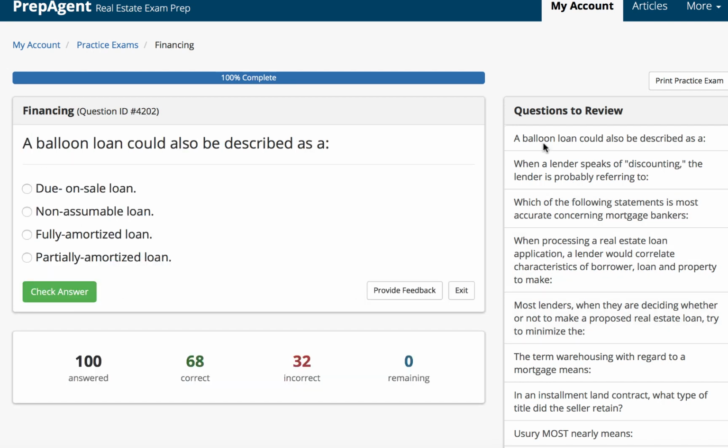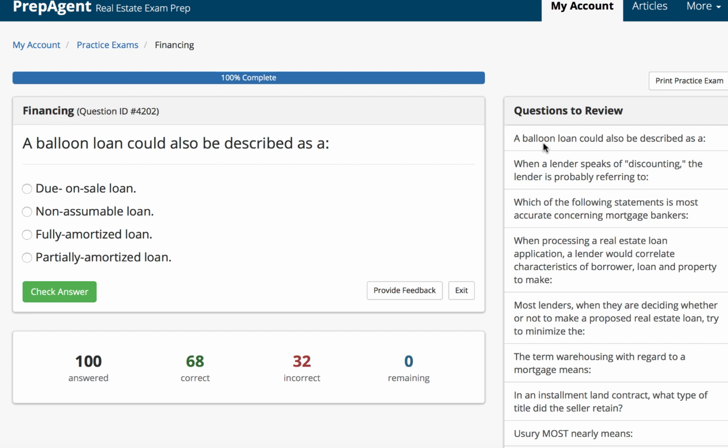Good. A balloon loan can also be described as a due on sale loan, a non-assumable loan, fully amortized, partially amortized. Well, a balloon loan, you pay a fixed amount and then you pay the lump sum at the end, whatever's left.